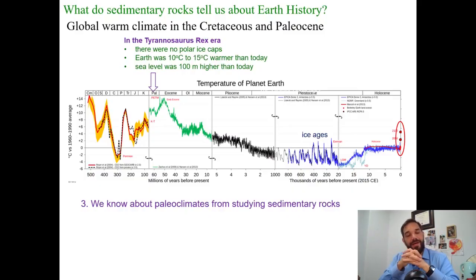But we can learn about Earth's climate over Earth history from sedimentary rocks. And that's really important because you've probably heard people saying Earth's climate is changing. Well, is that unusual compared to Earth's history, or is it the normal pattern of things? We have to look at sedimentary rocks to answer those kinds of questions.